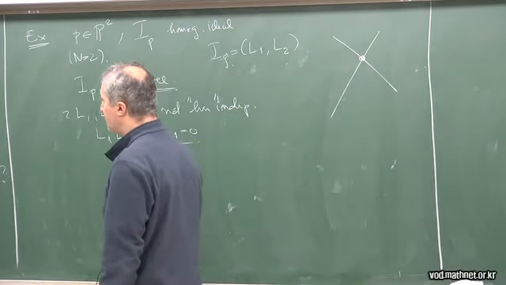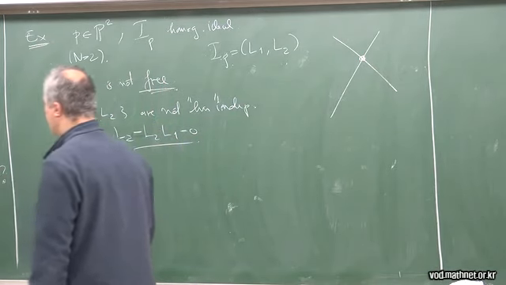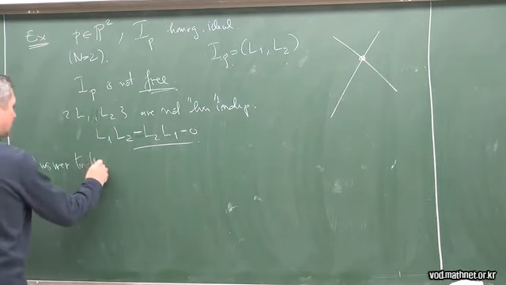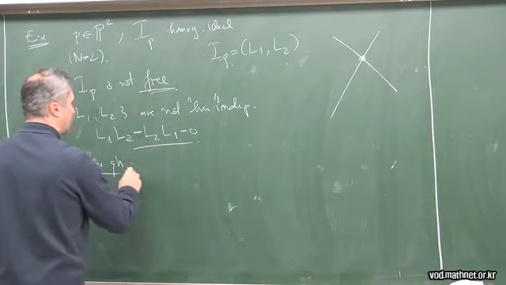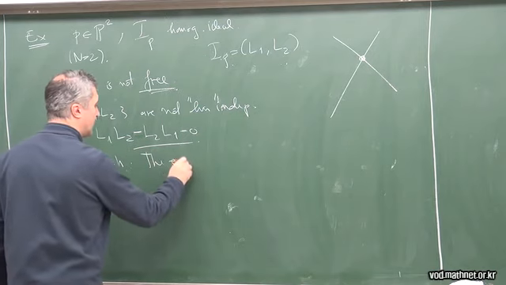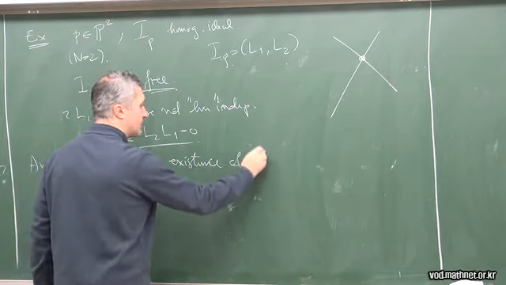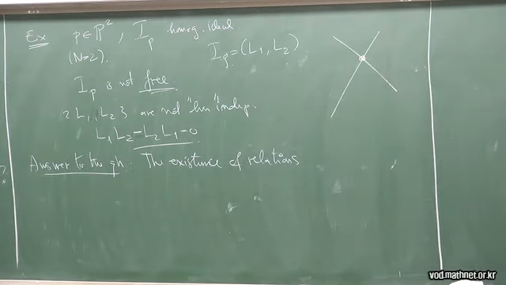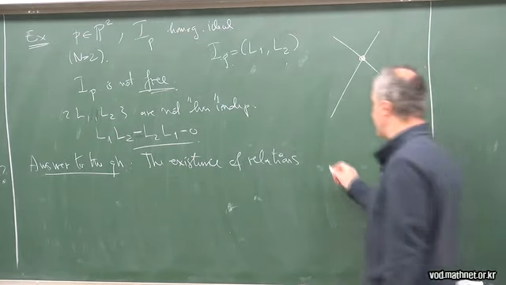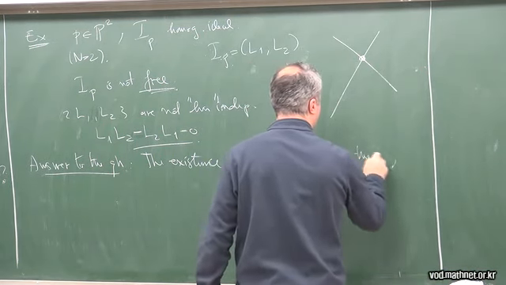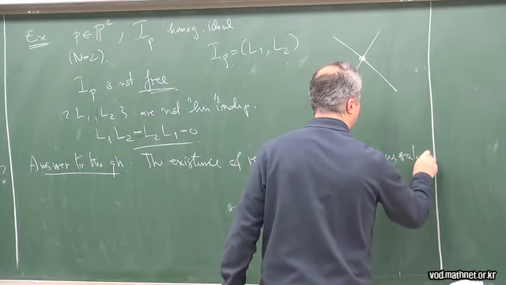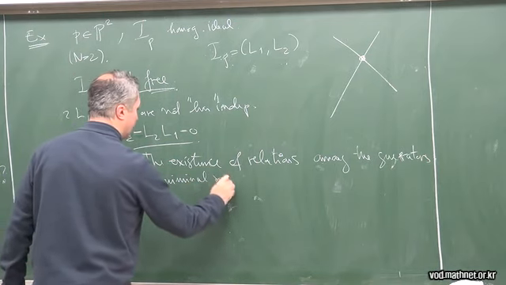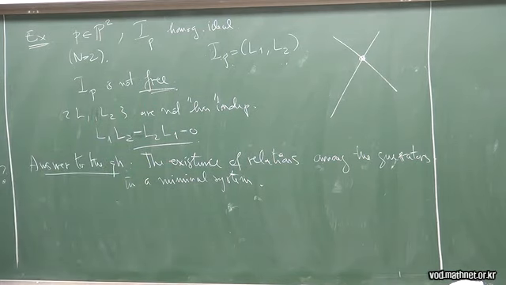So to answer this question: what prevents freeness is the existence of relations among the generators in a minimal generating system.